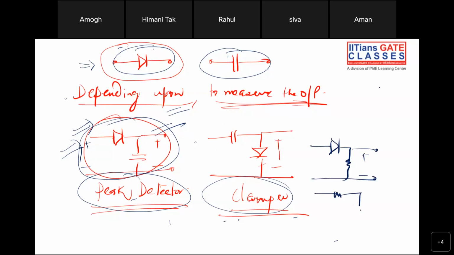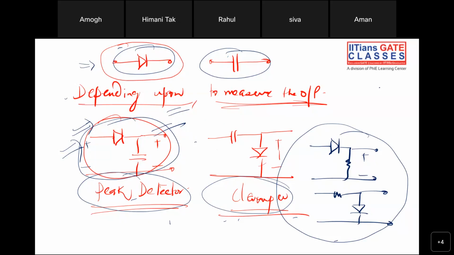And if you are measuring output across the diode, but there is no capacitance, its name is still the same, clipper only. Now there are different kinds of clipper, whether you want to cut the positive portion of the waveform or the negative portion, what part of the input waveform you want to cut, that kind of circuit you have to design.